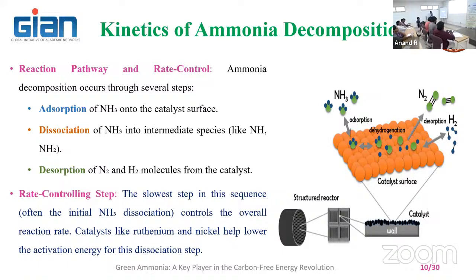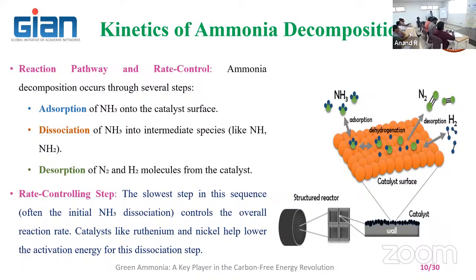Breaking hydrogen from ammonia is very easy, but breaking nitrogen from the ammonia is very difficult because there are 3 bonds. So it needs more energy for breaking the nitrogen into the atomic state. During dissociation, different intermediate species form: NH, NH2, and N2H.